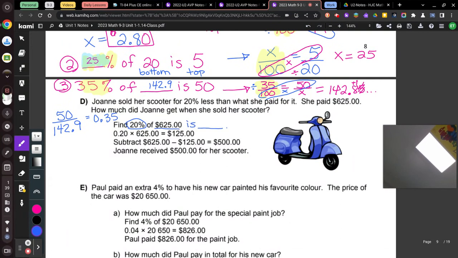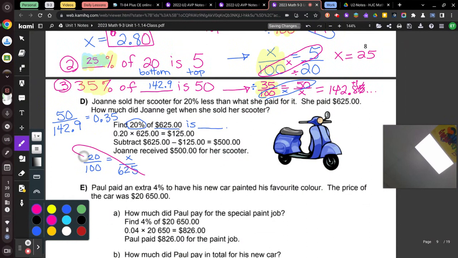So we're filling in that last blank. So the way we could do it is 20 over 100 equals X on top of 625. And then we cross multiply and divide.